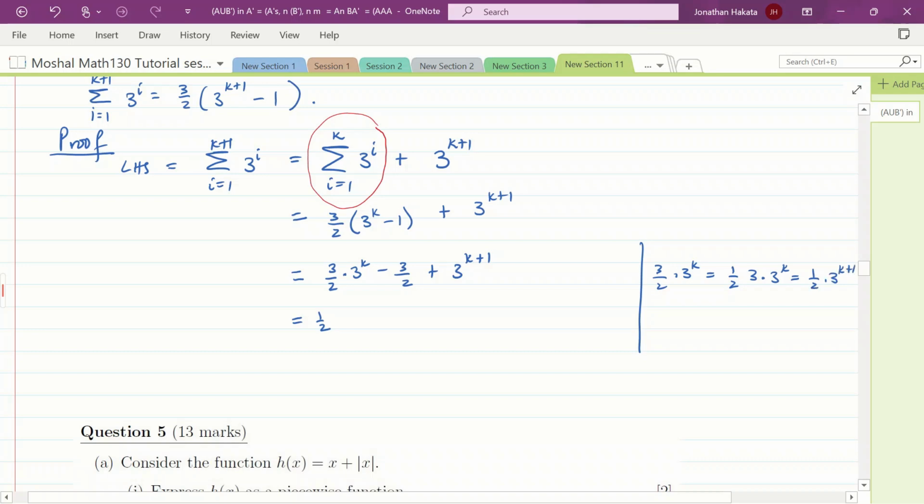This is exactly what I want to do. So I will have a half times 3 to the k plus 1 for this first part. Then I want to bring this 3 to the k plus 1 closer, so it's plus 3 to the k plus 1. Then lastly, minus 3 over 2. Okay, until now we good.